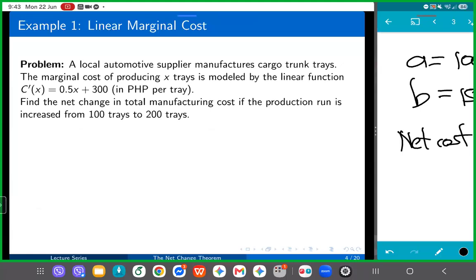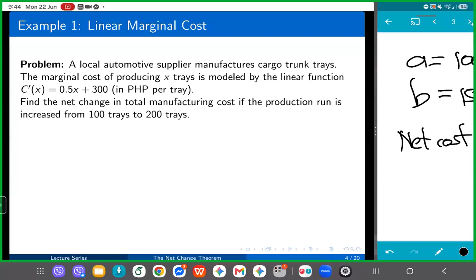Let's just illustrate. So here, let me read. A local automotive supplier manufactures cargo trunk trays. The marginal cost of producing X trays, so X is the variable that tells us the number of units that will be produced, in this case, the number of trays.